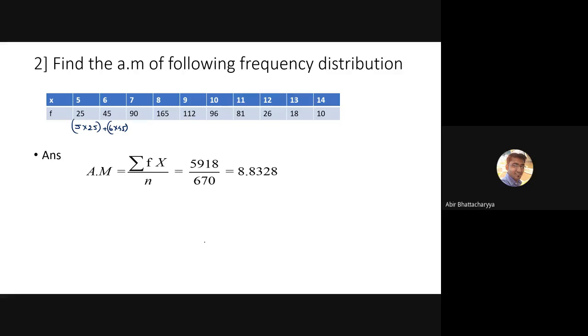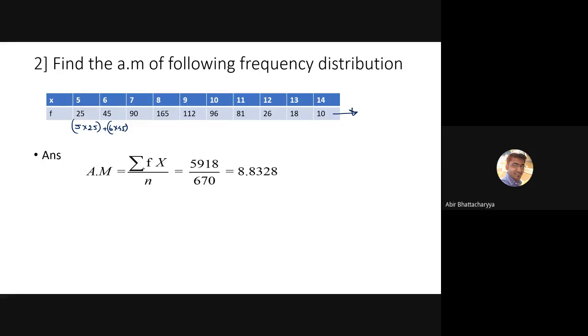Summation of fi just means add all of these. If you add all this, will you get 670? Cross check. Yes, right. So that is just the summation of fi, that is your n. What about the summation of fi xi?